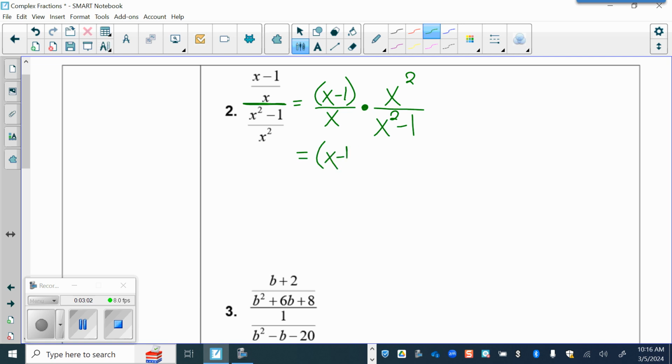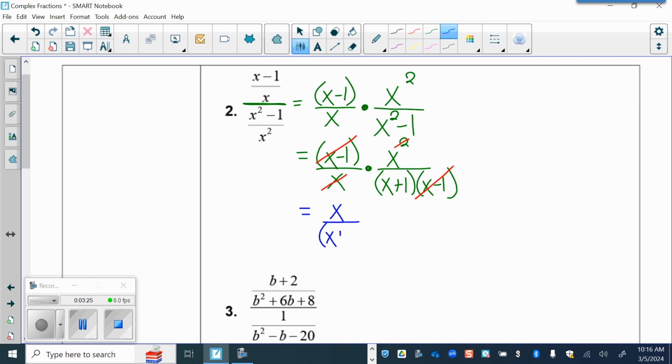So x minus 1 divided by x is already in good shape. It's the denominator of this second one, x plus 1, x minus 1. Now what can I eliminate? The x minus 1s, 1 x on top and 1 x on the bottom. Final answer, x divided by x plus 1.